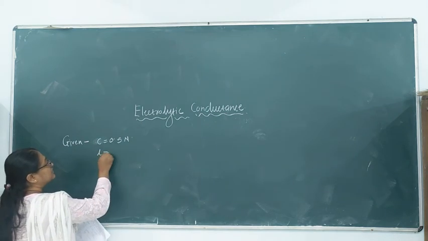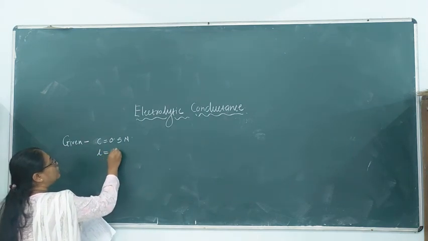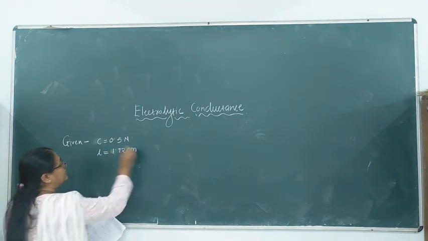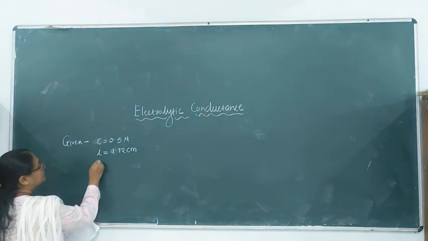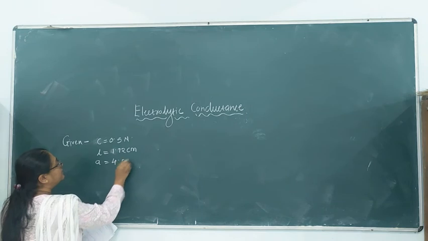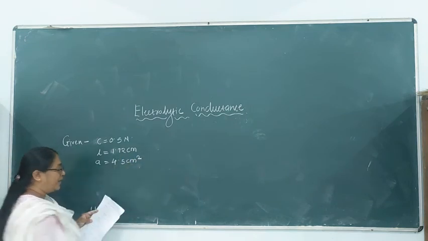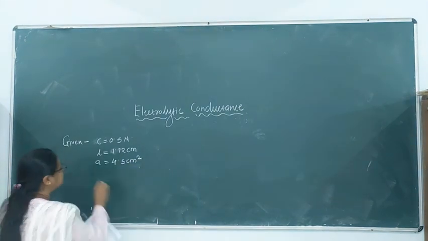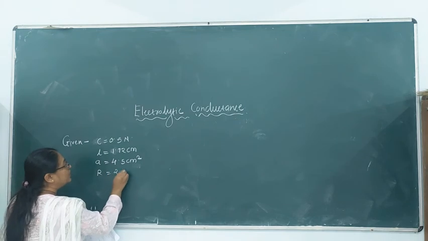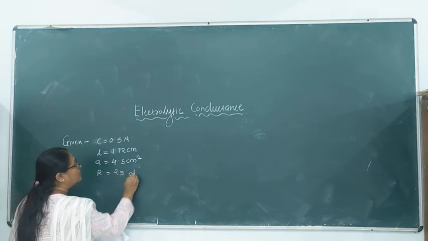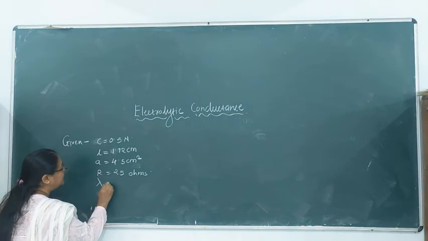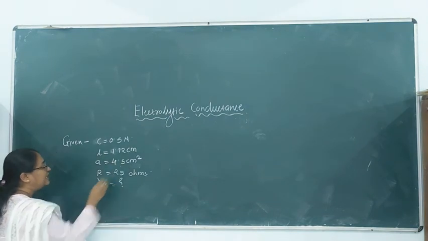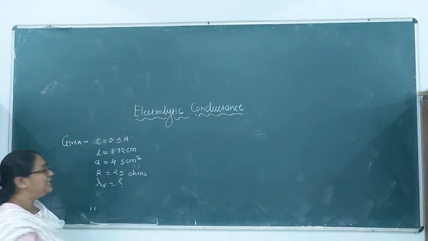That means the distance between the two electrodes is 1.72 cm, of area 4.5 cm square, has a resistance of 25 ohms. So calculate equivalent conductance. This is the given data, and we are asked to calculate lambda V.